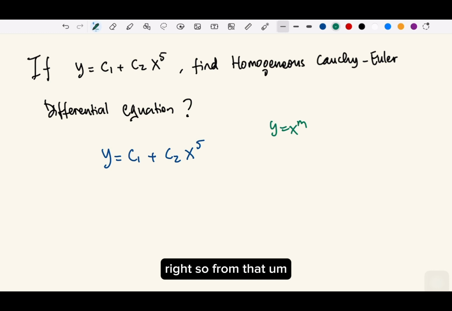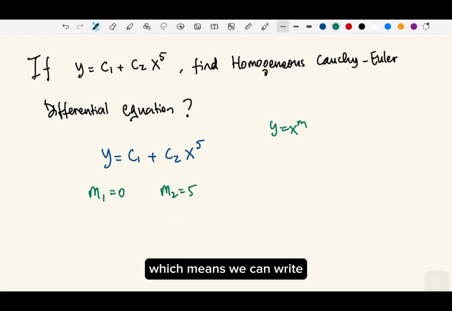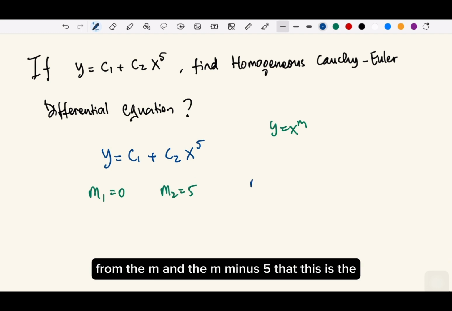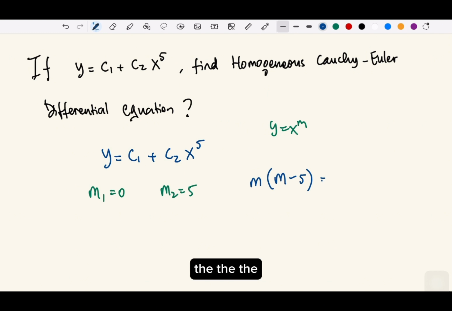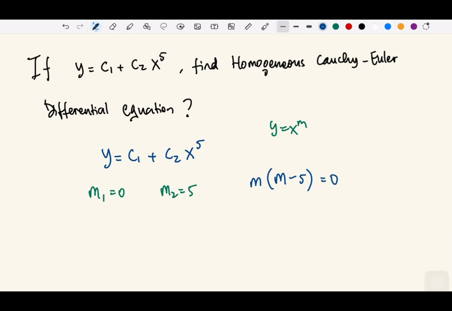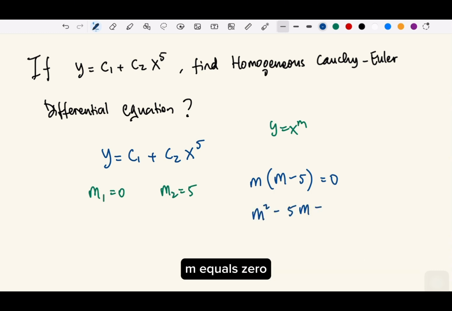So from that expression, we get that m1 is 0 and m2 is 5, which means we can write m and then m minus 5 as the equation, to find m equals 0 and m equals 5. So this will be m squared minus 5m equals 0.